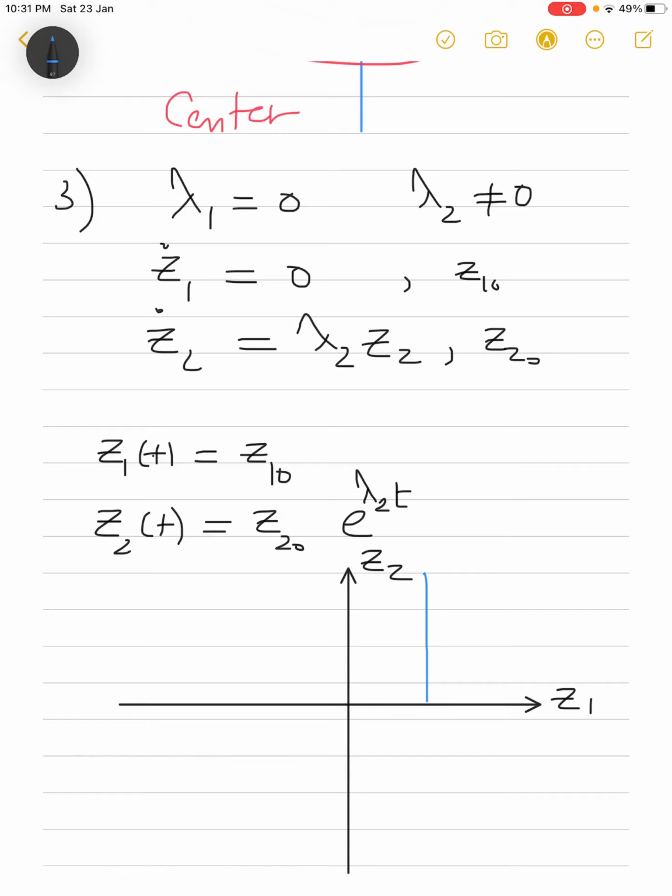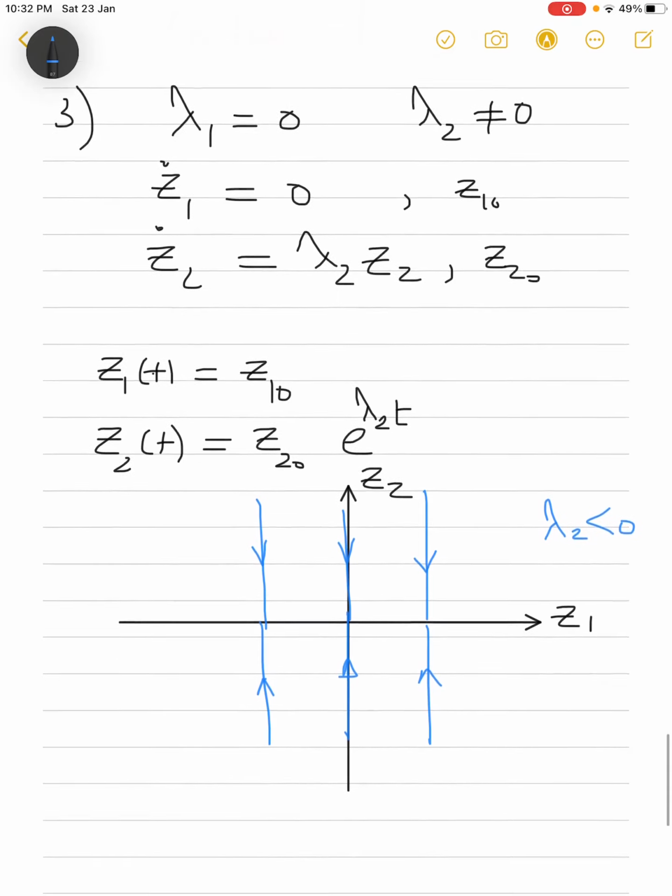So we will have solutions like this. So this is the case of lambda 2, of course, negative. So this is the case if one of the eigenvalues is 0.